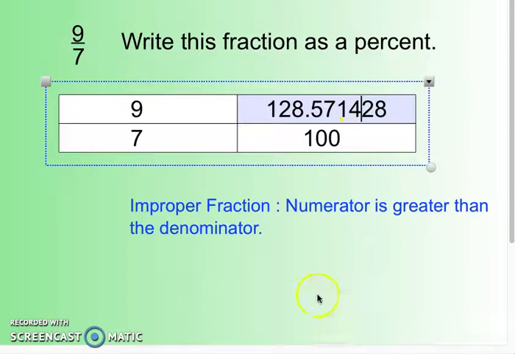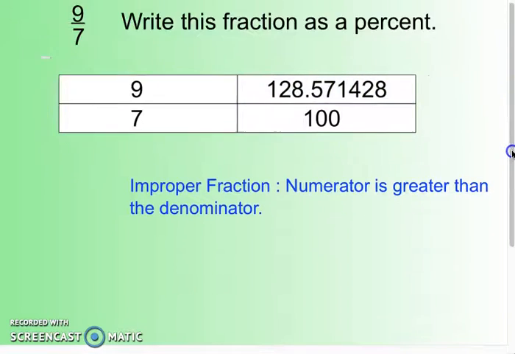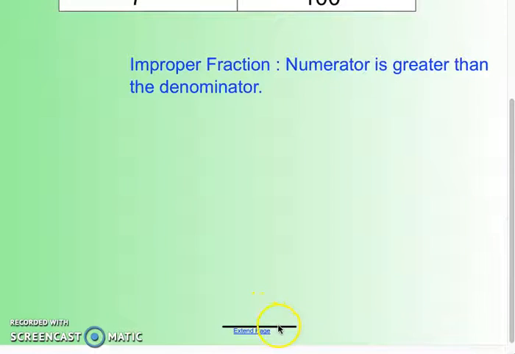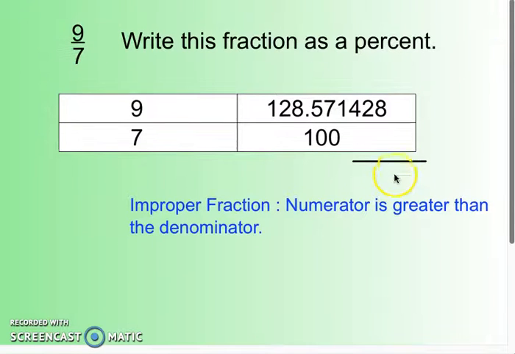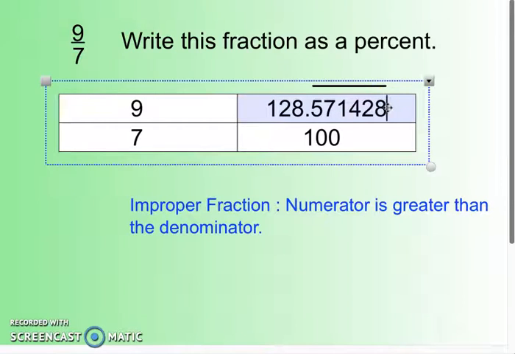There we go. And I need to make sure that I have a repetend sign over that to show that there is a pattern. So I'm going to put that over that. Perfect. And this is my answer. And I am going to add a percent sign because 9/7 is equivalent to this percent.